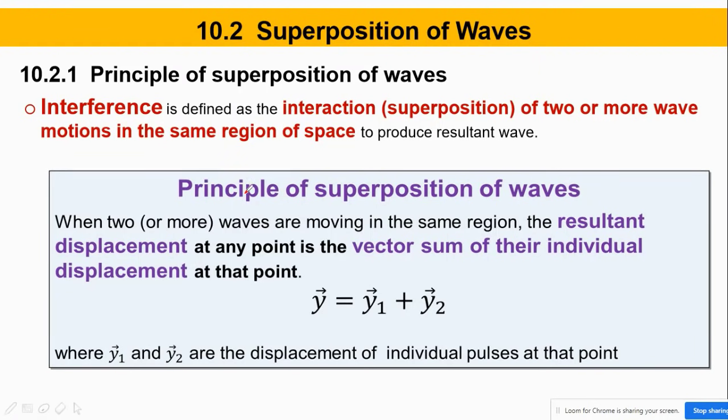So according to the principle of superposition of waves, when 2 or more waves are moving in the same region, the resultant displacement at any point is the vector sum of their individual displacements at that point. We can simplify this into an equation y equal to y1 plus y2, where y1 and y2 are the displacements of individual pulses at that point.